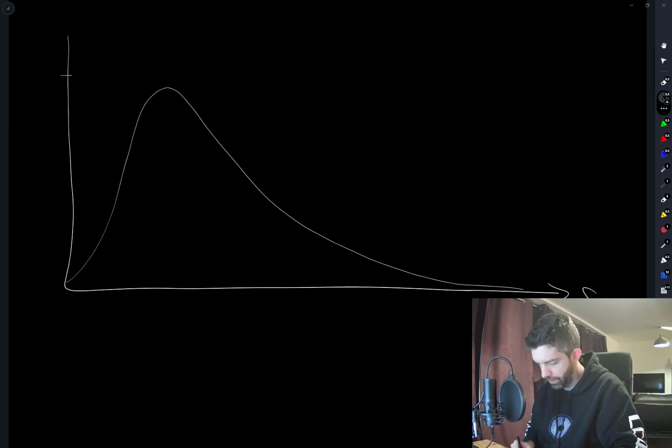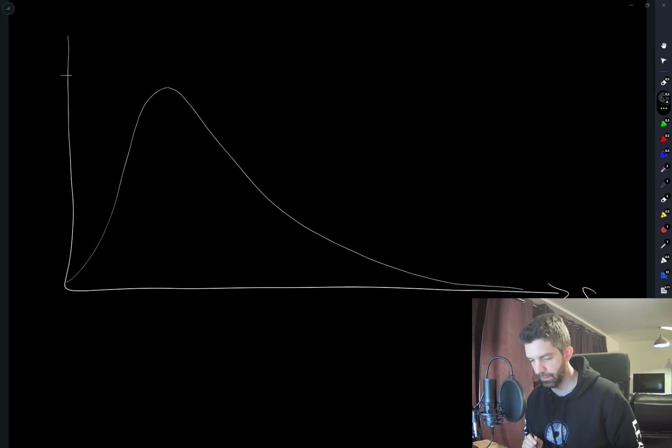Something like this, right? What is the peak going to be? Is the peak at 60? Probably, right? Well, no, maybe not. What is the most likely number of sixes? Well, 60 is close to this peak.